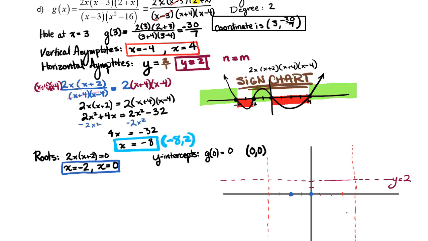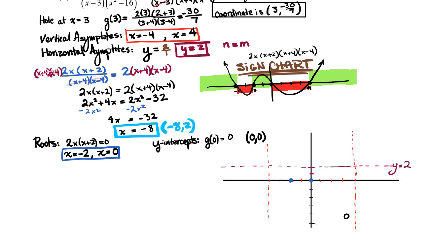I have a hole in my graph at (3, -30/7). So right about here. I have a crossover point on my horizontal asymptote at exactly (-8, 2). So right about here.